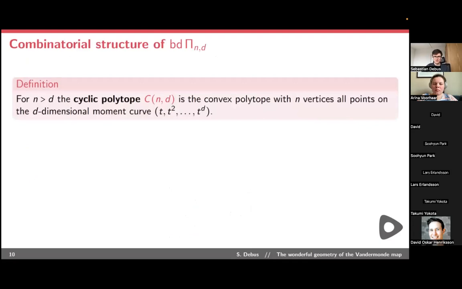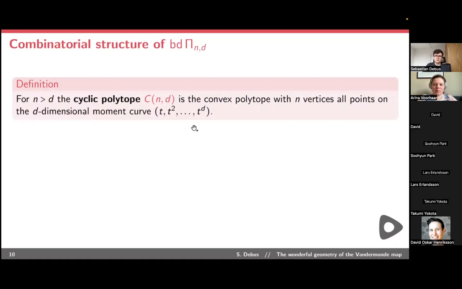So this was the analytic part of the talk, and from now on it's more combinatorial. I said that the boundary of this Vandermonde cell has a combinatorial structure, and actually it has the structure of a cyclic polytope. So let me recall what a cyclic polytope is. You're given two integers, n strictly larger than d, and d larger than or equal to 2.